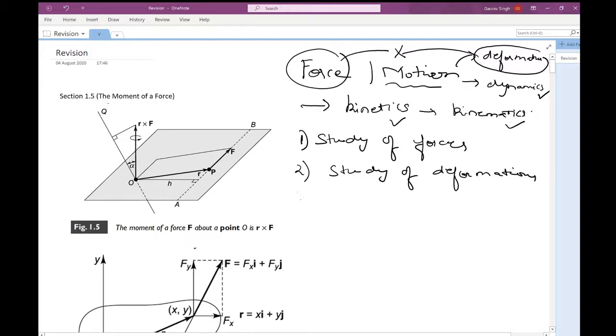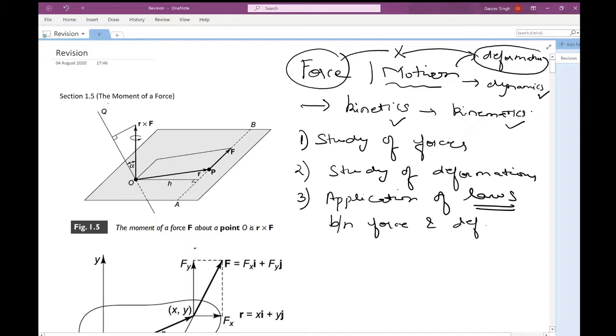And then, as I've said, because there exists a connection between force and deformations, we'll use the application of laws between force and deformation.